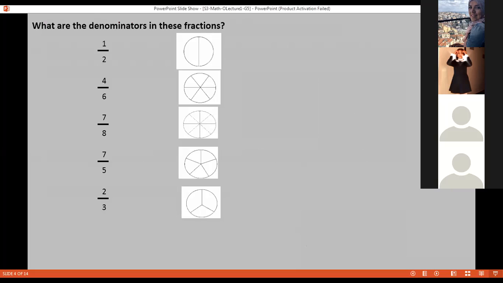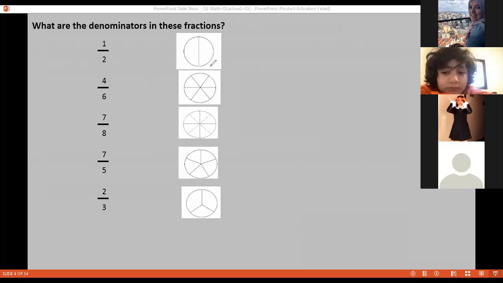If you look at these diagrams, the first one, the second one, the third one, the fourth one, and the fifth one, let us see the denominator in each one. If you look at the first one, how many parts is the circle divided into? 2 parts.